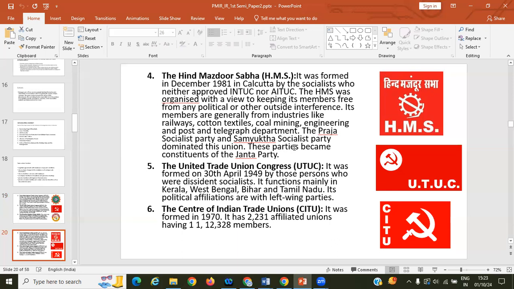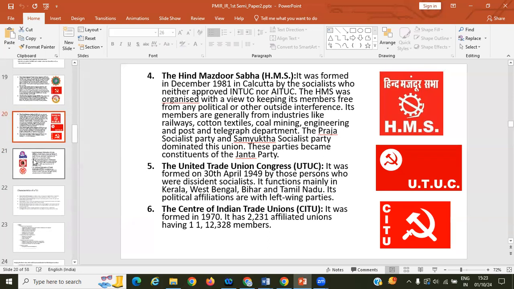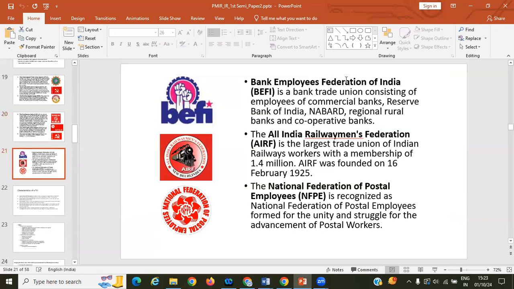There are also some trade unions working exclusively for different organizations. For example, the Bank Employees Federation of India, BEFI. This trade union is mainly for bank employees. It is a bank trade union consisting of employees of commercial banks, the Reserve Bank of India, and NABARD. Anyone working in a bank can join this union because they are specialized in the banking area.